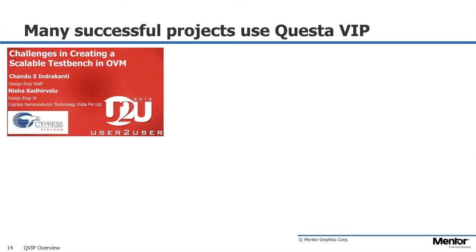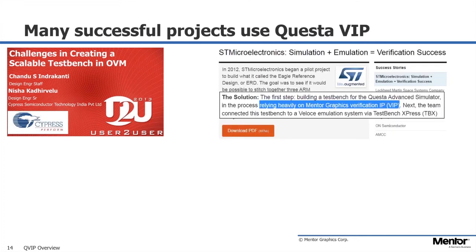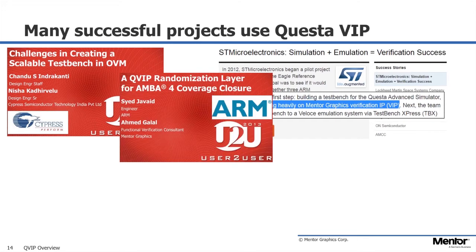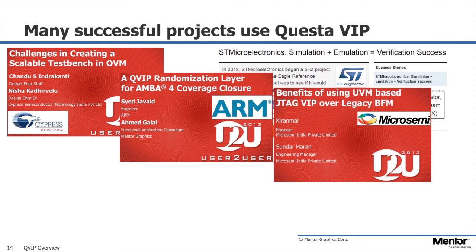We've had a lot of customers use this successfully. So just a few things: Cypress, SD Electronics. They say they rely heavily on the verification IP for developing their own internal IP that you would give. ARM is another one.